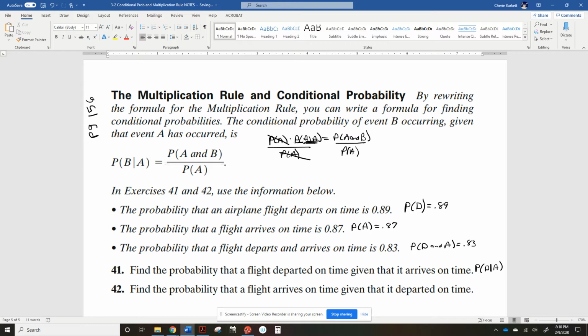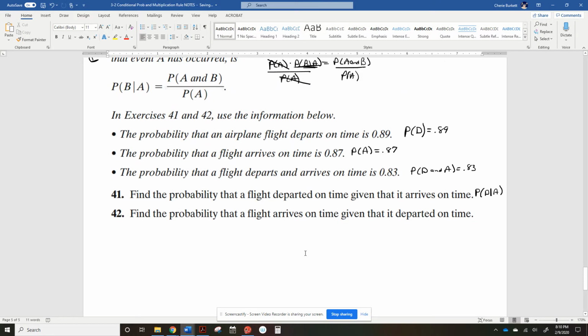So this is how we would do it. Now pay attention to the thing. Let me scroll down here. If we're looking for departs given that it arrives on time, then we're going to find the probability that it departs and arrives on time, because that's what goes on top.